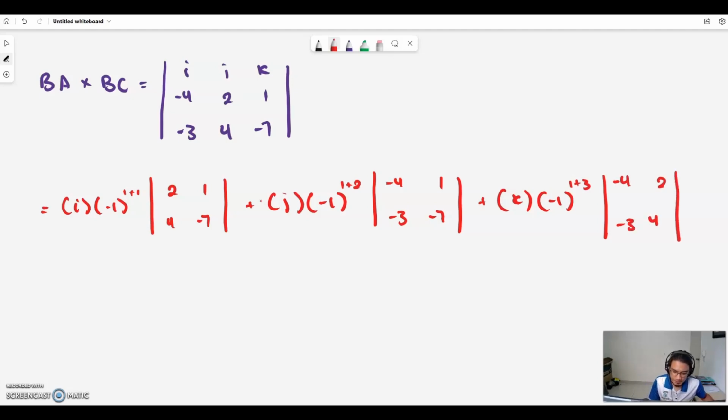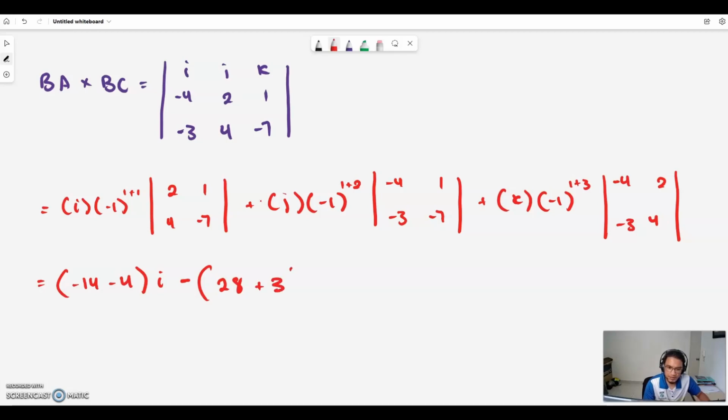Okay, so now we calculate the expression from the determinant. So we have negative 14 minus 4 i, plus, so this one will be a negative, and here will be 28.